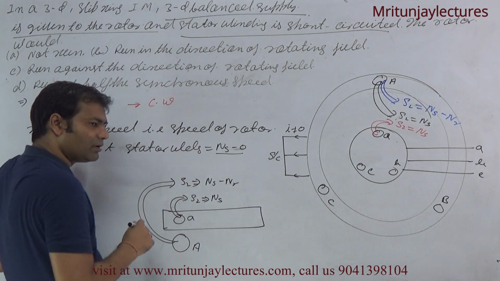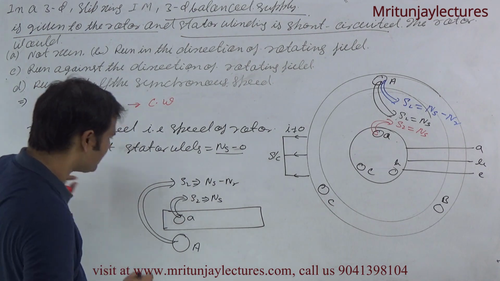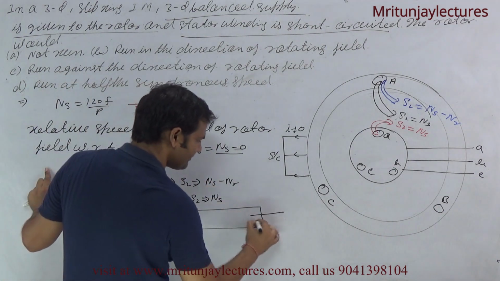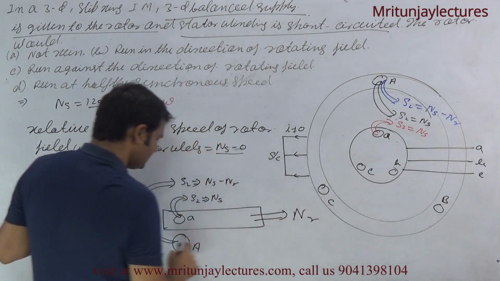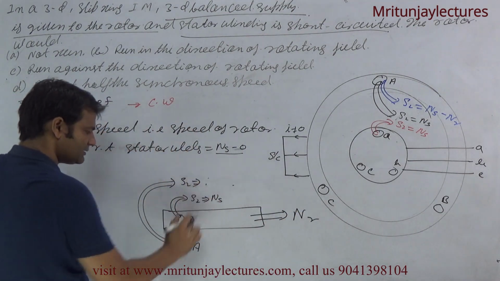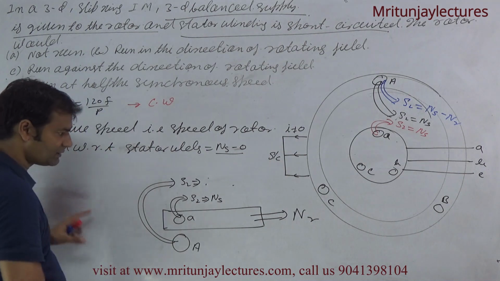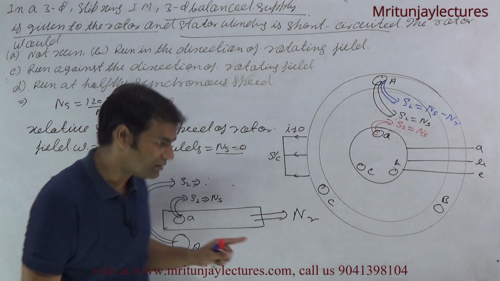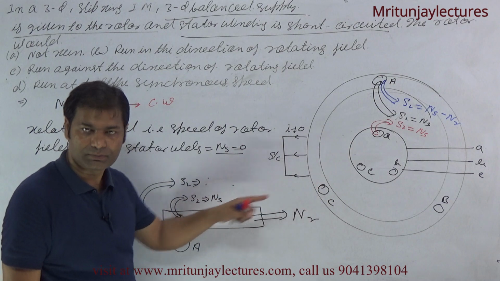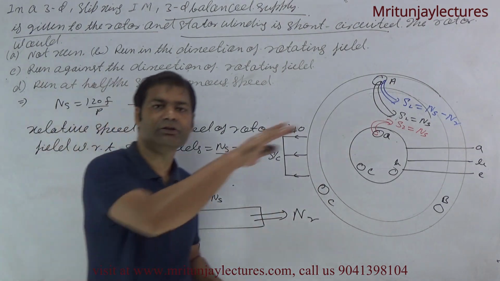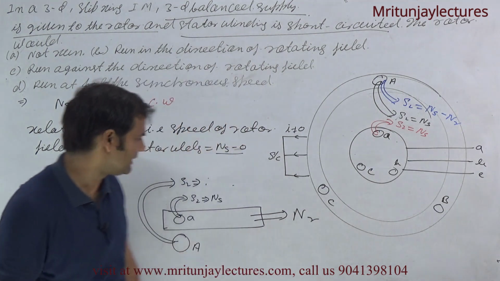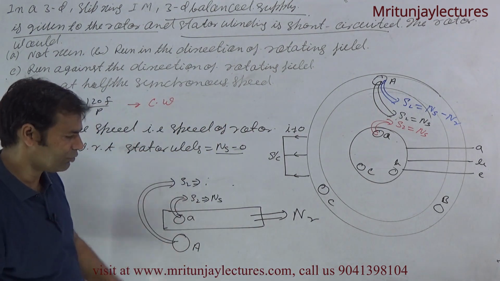What about the rotor rotation? Suppose a train is running at speed NR, and you sit on the platform and see a boy running on the train at speed NS.